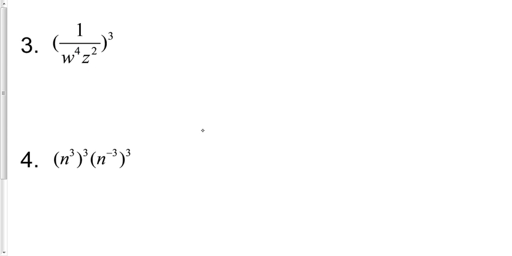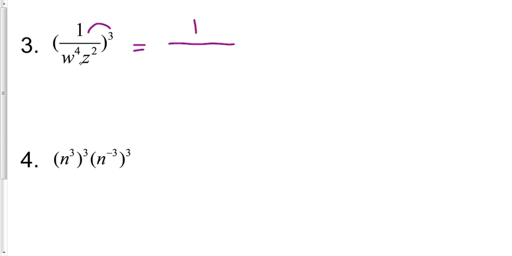All right, number 3, we've got a fraction in parentheses raised to the third power, 1 over w to the fourth z squared to the third power. Now, one way to do this would be to rewrite it 3 times and think about this fraction being multiplied by itself 3 times over again. But the other thing we can do too is just take the top and the bottom to the third power. So if I take 1 to the third power, that's 1.